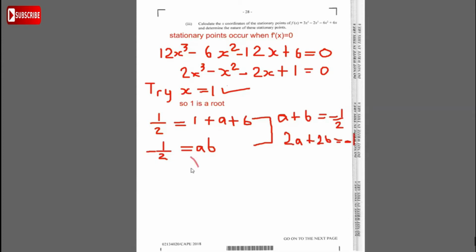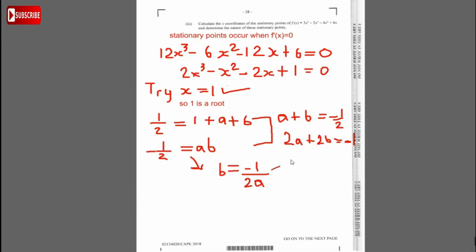And from the second equation, I can divide through by a. So I'm getting that b is equal to minus 1 over 2a. So these are the two equations I have now: 2a plus 2b equal to minus 1, and b equal to minus 1 over 2a.